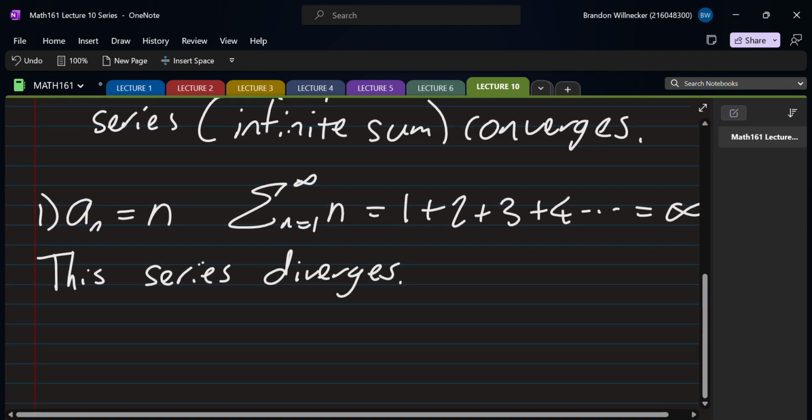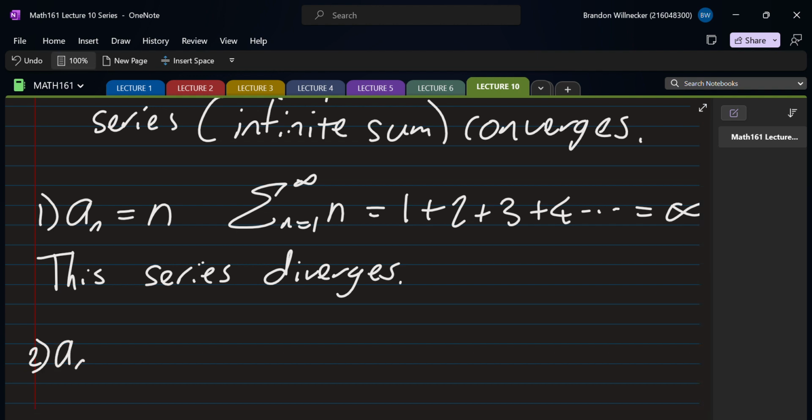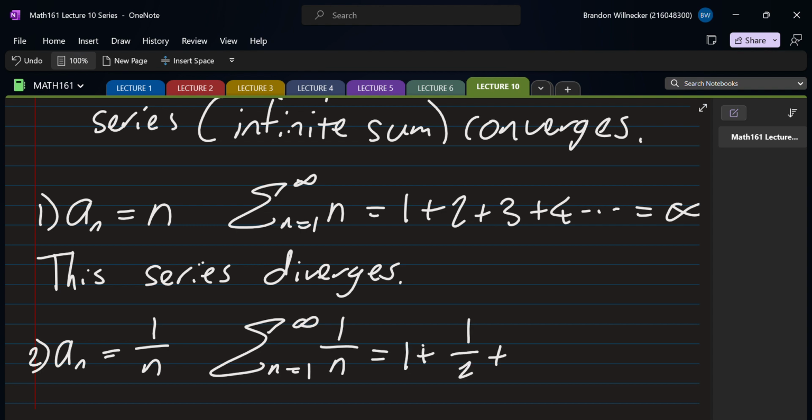For this next example, you may think it converges, but it's a bit tricky. Let's say a_n equals 1 over n. Now with this one, we want to find the sum as n goes from 1 to infinity of 1 over n. So here we have 1 plus a half, plus a third, plus a quarter, and so on all the way to infinity. With this one, it's not so obvious.